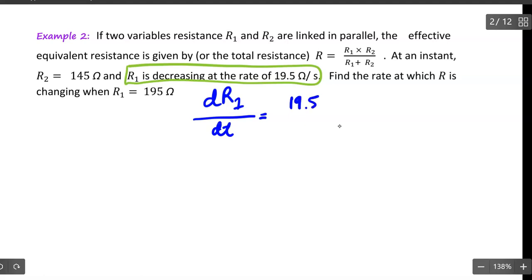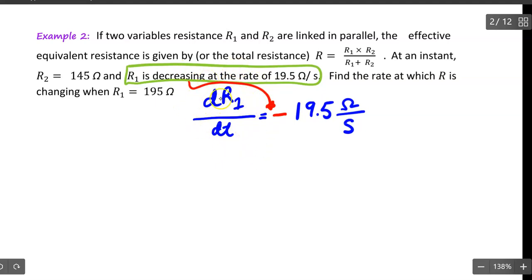19.5 ohm per second. But I am going to remind everyone that we are going to attach the negative. It's because we are talking about decreasing in this case. Okay, so because of the decreasing, we are going to attach the negative. And the unit here reveals to me that I can find the differential factors right here.